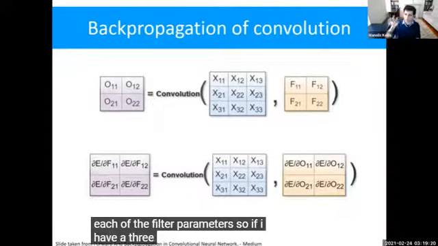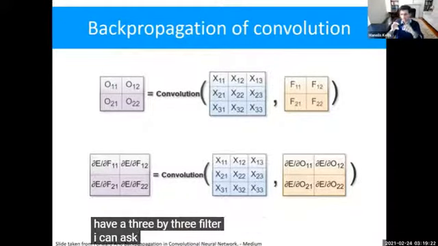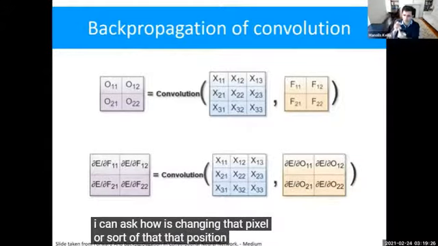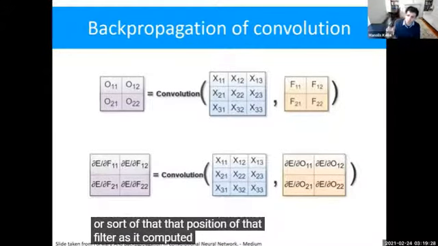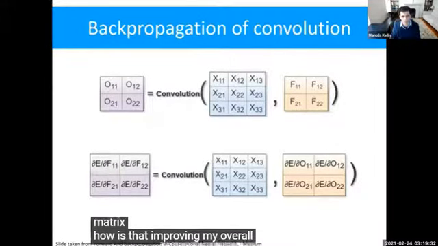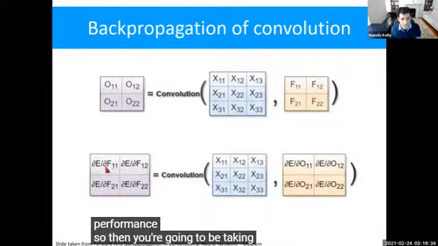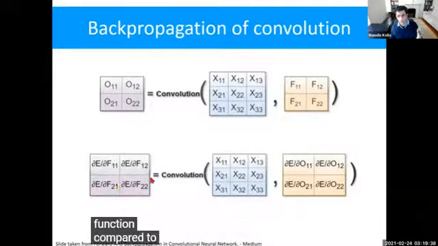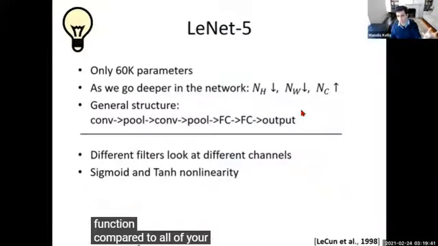So if I have a 3x3 filter, I can ask, how is changing that pixel or that position of that filter as it computed through the entire matrix, how is that improving my overall performance? So then you're going to be taking the partial derivatives of your error function compared to all of your individual parameters.